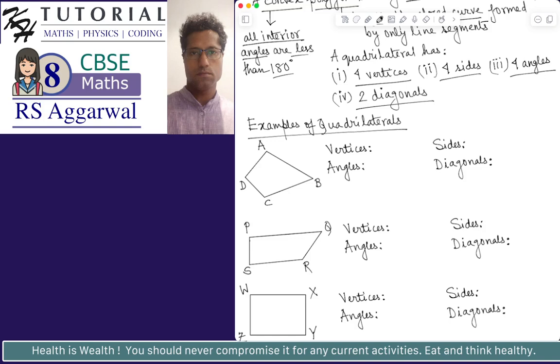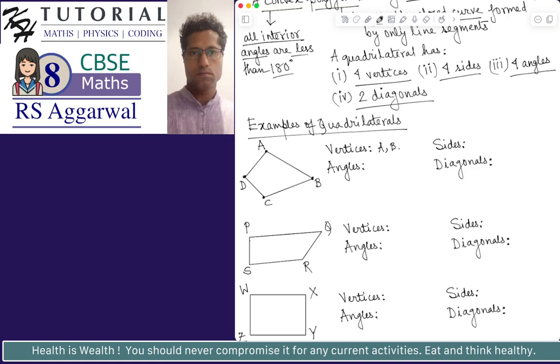I hope you can easily understand what the vertices are, that is the corner points. So these 4 corner points where 2 sides intersect are the vertices of the quadrilateral. So for the first quadrilateral, the vertices are A, B.